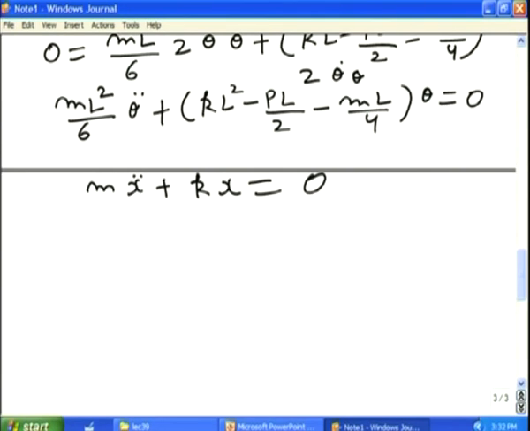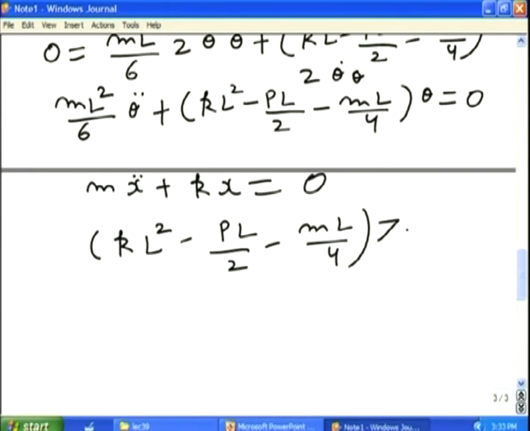However, if you go on increasing P, pay attention to this expression, KL square minus PL by 2 minus ML by 4. What happens if this expression is less than 0? If we increase P, there will be a value of P at which this expression will become negative.